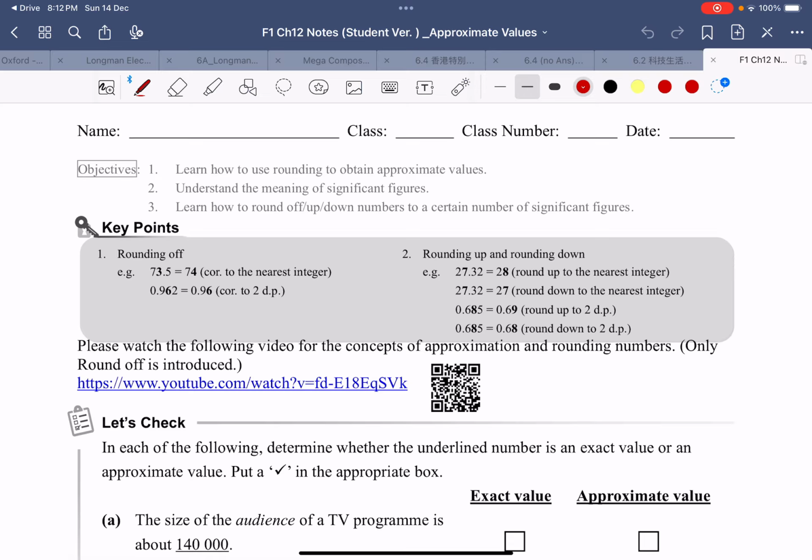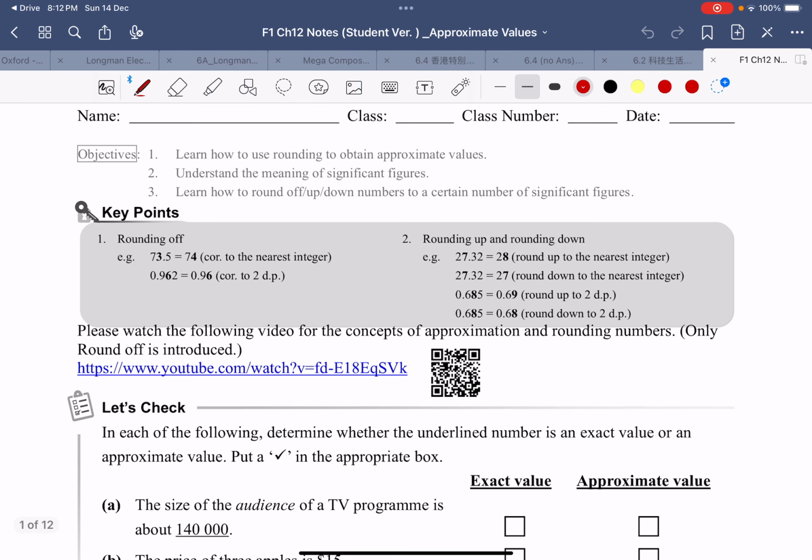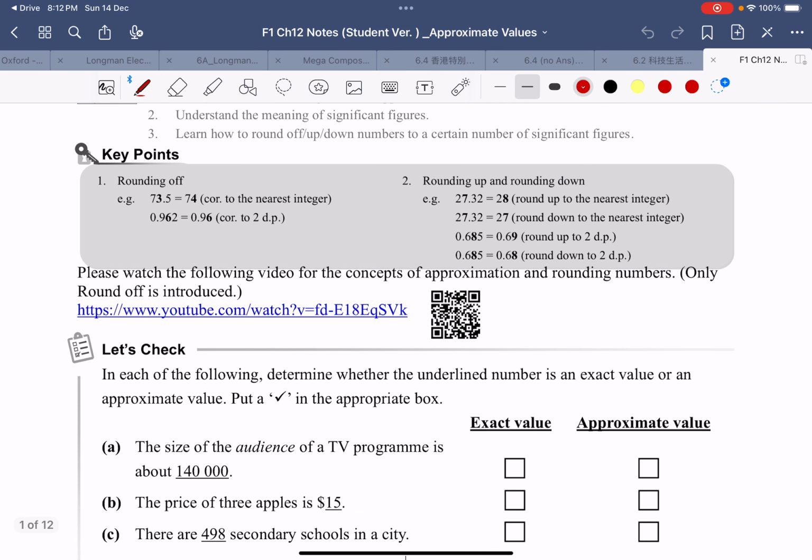You can identify and use significant figures. Finally, you can estimate sums, differences, and averages in everyday contexts. Alright, let's get started.